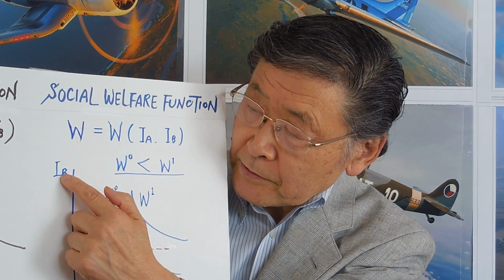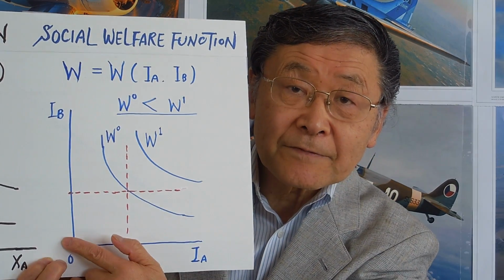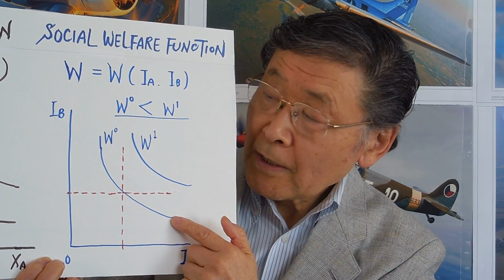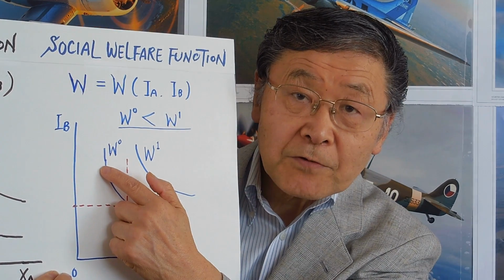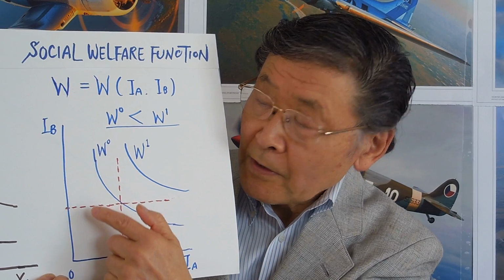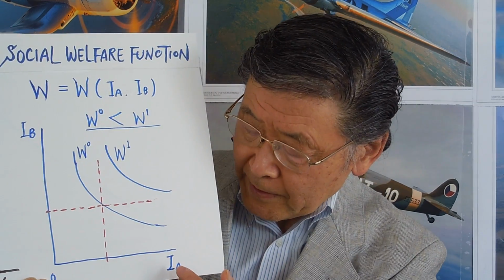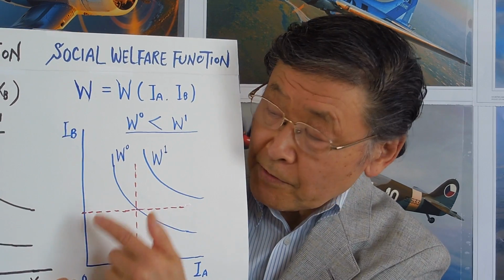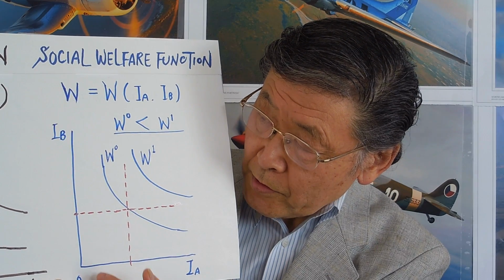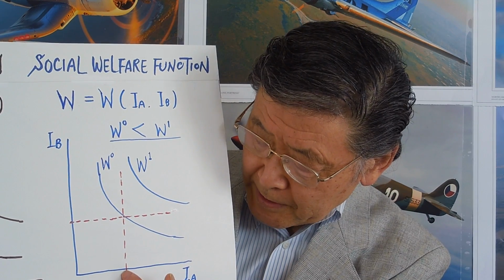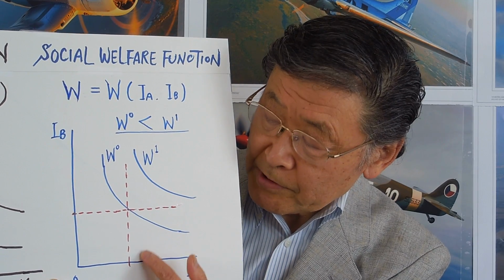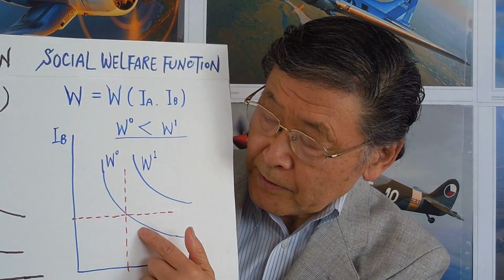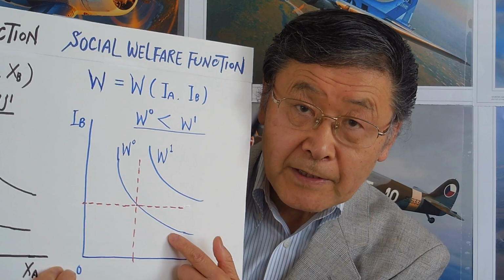Then we can draw the same kind of indifference curves. Here is a curve corresponding to social welfare level W0, giving combinations of income level A and income level B giving this social welfare level. Okay, so a little bit of increase in the income of individual A corresponds to a little bit of decrease in the income of individual B to get the same social welfare level.